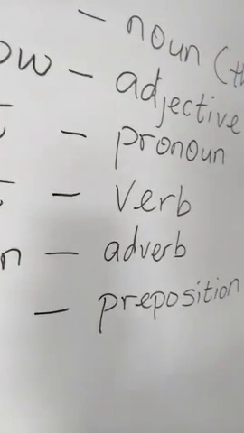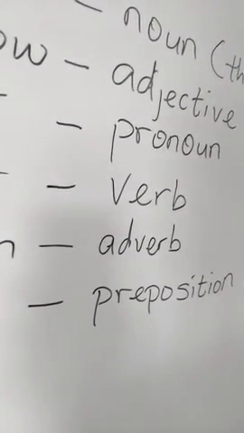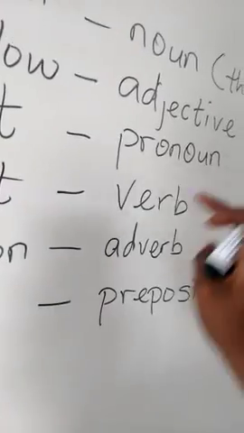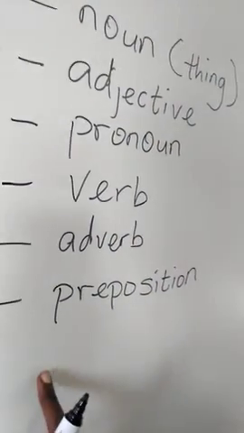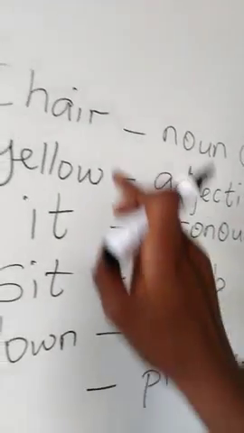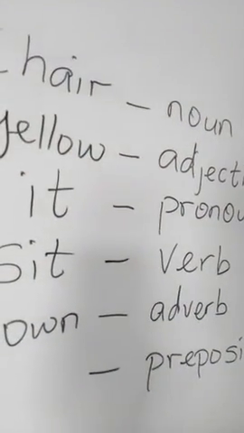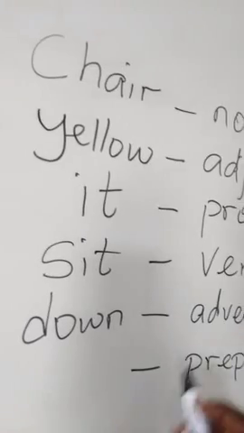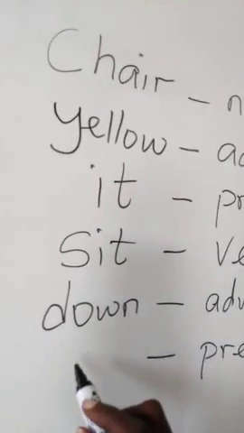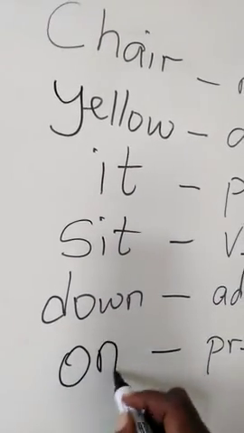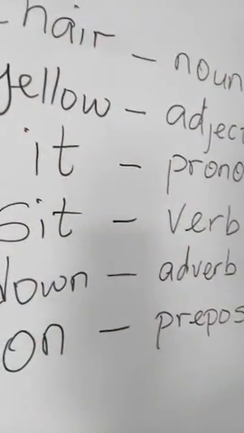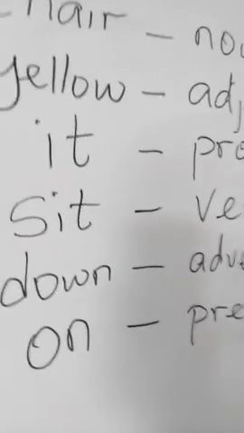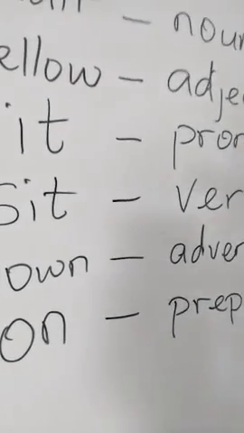For example, I is a pronoun and chair is a noun. So I want to relate I to chair. So I'm going to try using that with it. Let's try on. Okay, we already have a pronoun here, my bad, and the pronoun is it. So we're going to work on that for now.